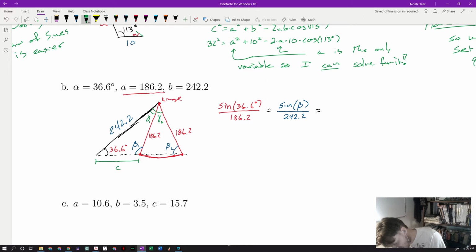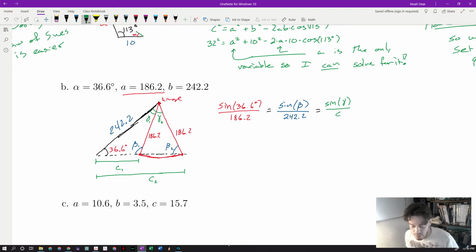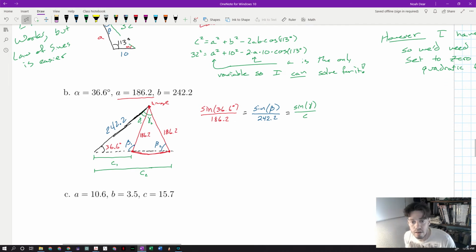C1 goes here, and C2 would go all the way across. So then sine of gamma 1 or 2 would go over C1 or C2. And so here we can definitely find beta first, and then use that to find gamma, and then use that to find C. So the law of sines definitely works.